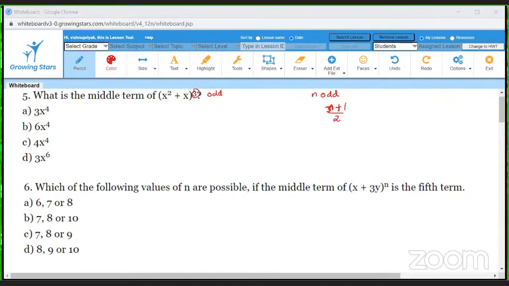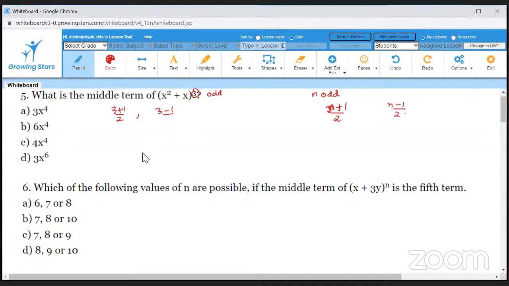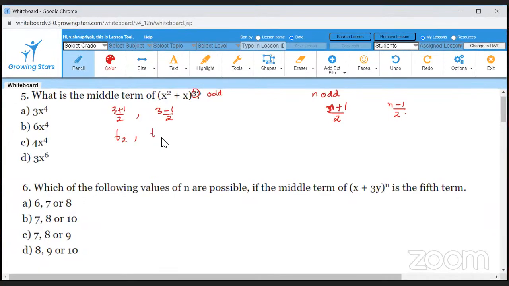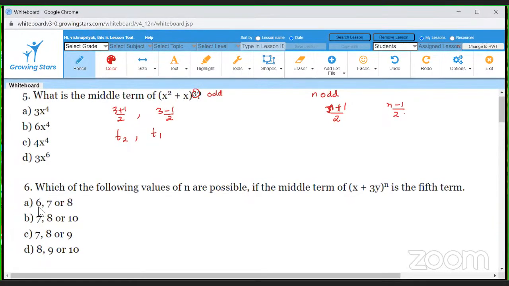You will have two middle terms: N plus 1 by 2 and n minus 1 by 2. Because we have 3, 3 plus 1 by 2, 4 by 2, that is T2, and 3 minus 1 by 2, 2 by 2, T1. These two are the middle terms, T1 and T2. So general term, TR plus 1.